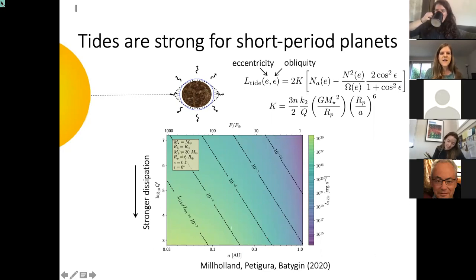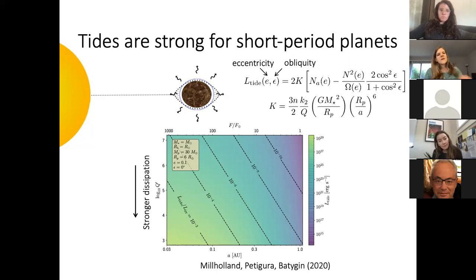These dashed lines are contours of the ratio of the tidal luminosity with respect to the incident stellar power, plotted for some fiducial planet parameters. We can see that in the very close-in regime, the tidal luminosity can get up to about 1% or so of the incident stellar power.